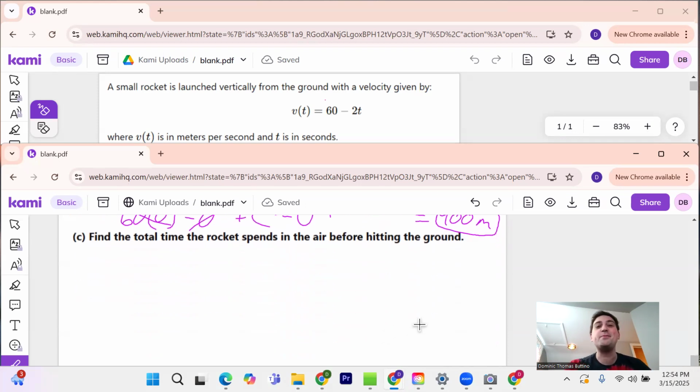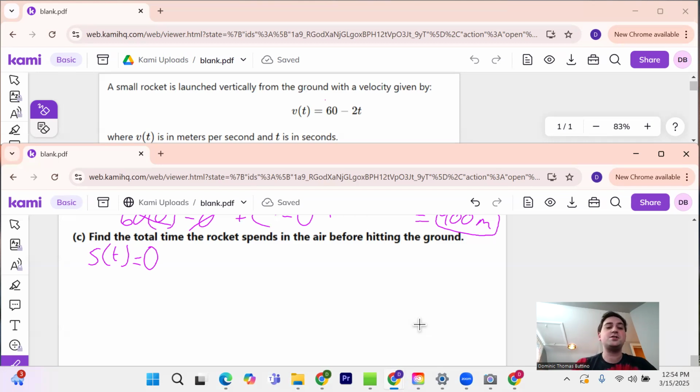However, let's show the math anyway. Okay, so here's what happens. Find the total time the rocket spends in the air before hitting the ground. So again, at ground level, S of t equals 0. The original displacement, not how far the rocket traveled, but the original displacement, would have to equal 0.